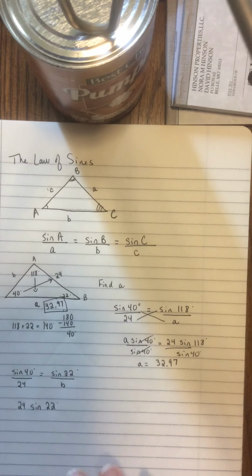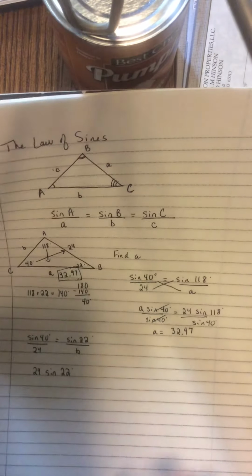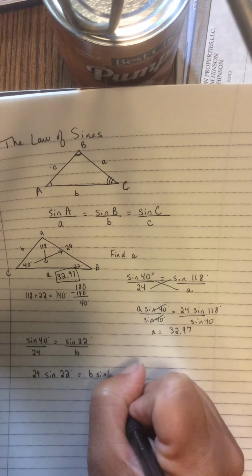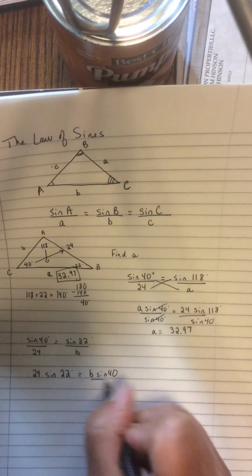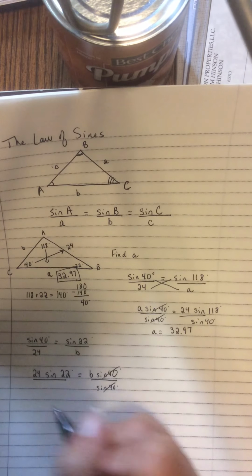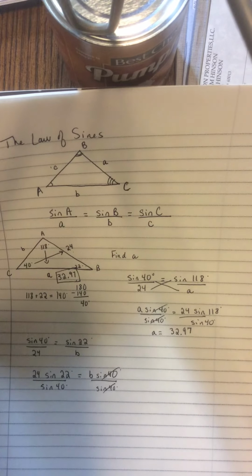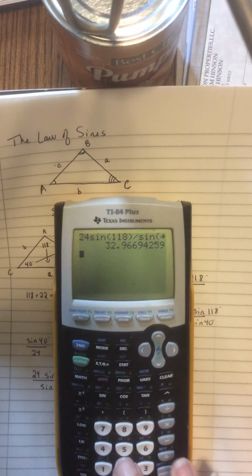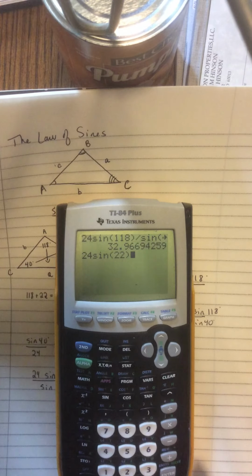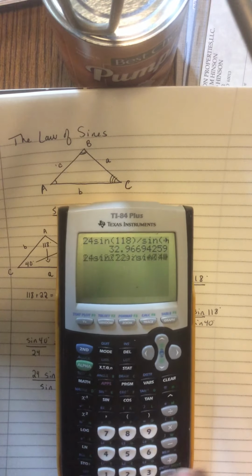Equals b times the sine of 40. Divide by the sine of 40 degrees. So in the calculator, you just do 24 times the sine of 22, close that parenthesis, divided by the sine of 40.